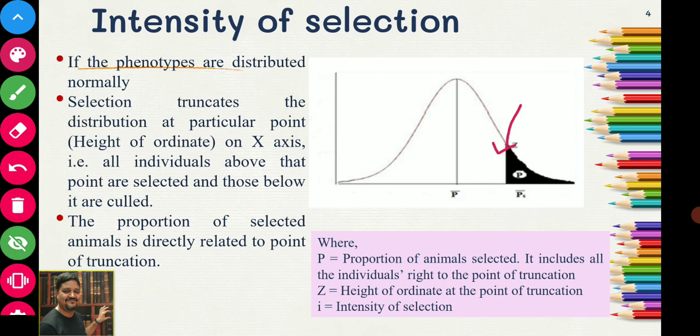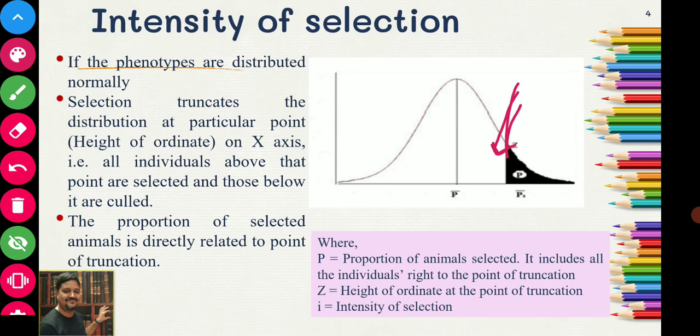That means at that point you have truncated, made a point beyond which the animals lying beyond this level you will be selecting. This is known as P, the proportion of individuals selected, and the point where truncation was made is known as Z, that is the point of abscissa or point of truncation.